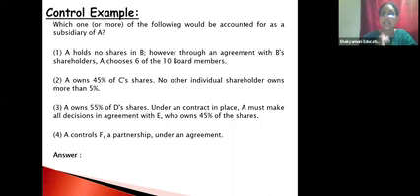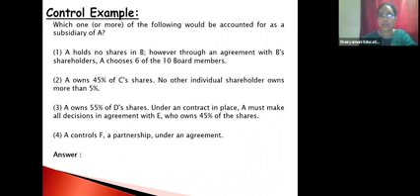That means A has a right to appoint 6 out of 10, more than 50% of the members of the board, even though A holds 0 shares in B. How does A have this power?